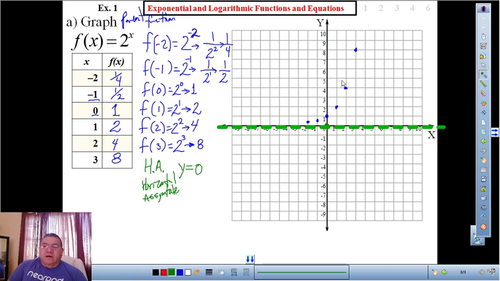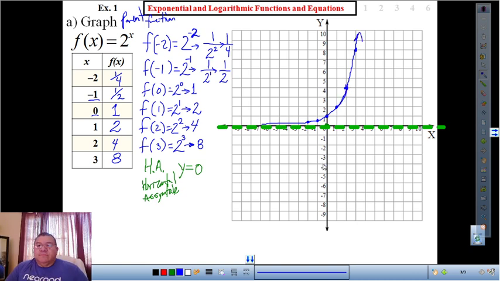So when we graph our exponential function, we can start as far as we want, going through those points. There you go. And that's how you graph an exponential function. And I'll put arrows here. So it's going to keep on going. Does it ever touch the asymptote? No, it will never touch the asymptote.